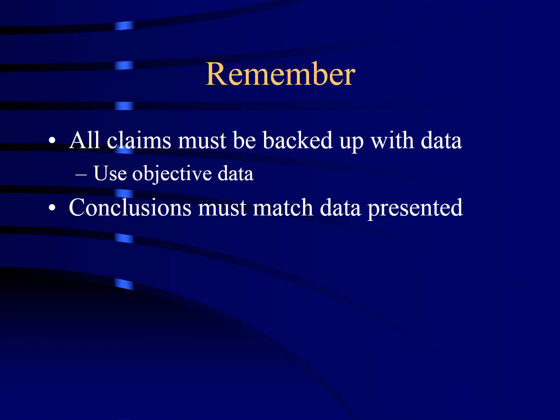So remember that all your claims must be backed up with data and use objective data. What I mean by this is to use numbers when possible. We don't want to make any broad generalizations, and we want to support all claims that we make. And also double check and make sure that your conclusions match the data you presented.